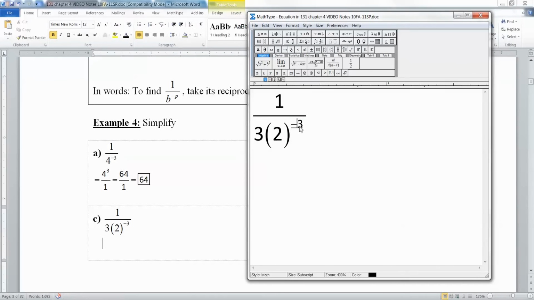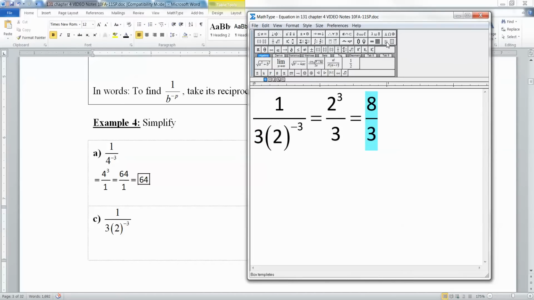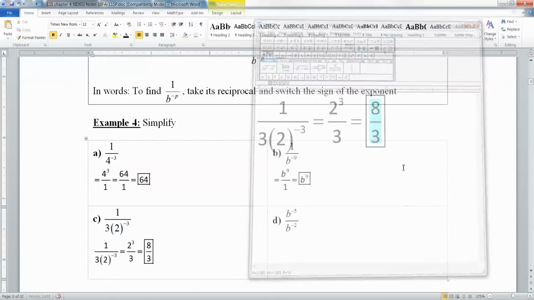So that negative third is only really affecting the 2. See it? So then what you're going to do is say, okay, I'm going to move the 2 up, lose the negative in front of that exponent. But this 3, I'm just going to leave it down there because he didn't have a negative power. He doesn't get to move, which means it's 8 over 3. Done.